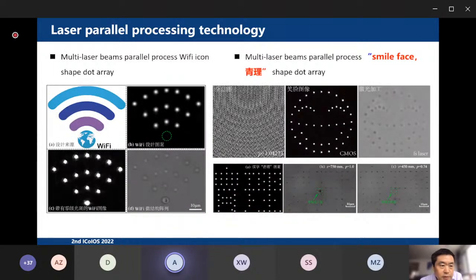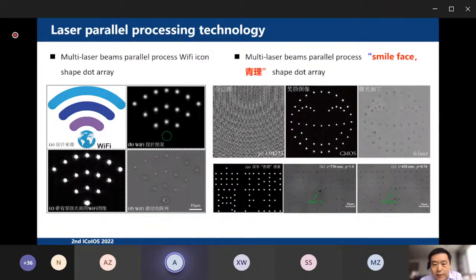And the other, such as the Wi-Fi icon, and we use the zero order light to process the big point, and then the other points are also split by one laser beam, so we can process the dots simultaneously.